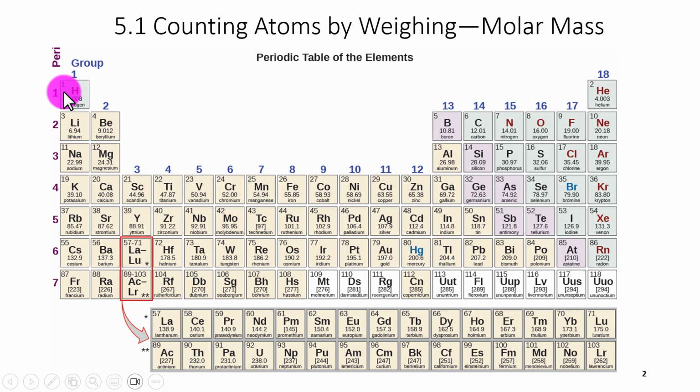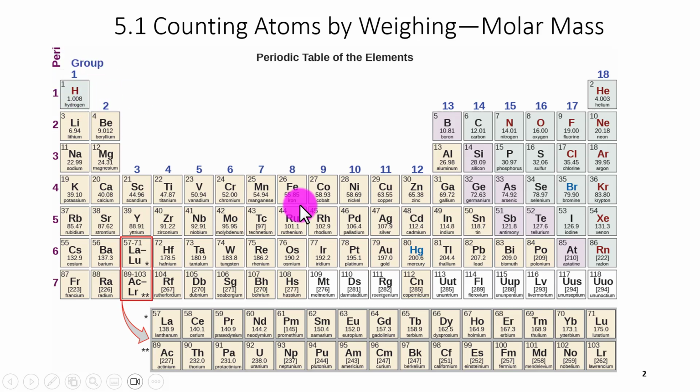The whole integer is the number up here, 1, 2, 3, 4, etc. That's the atomic number that tells us the number of protons. The number at the bottom tells us either the atomic mass units for one atom or how many grams a mole of that particular element weighs.